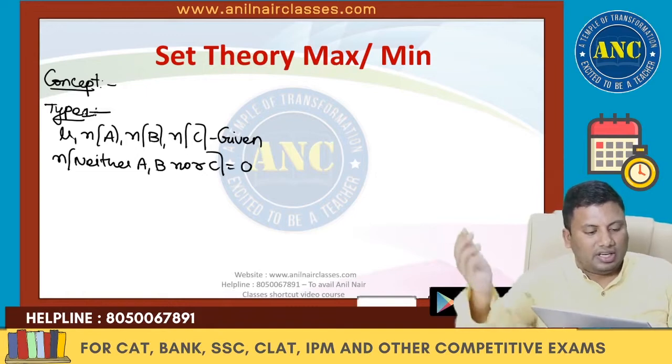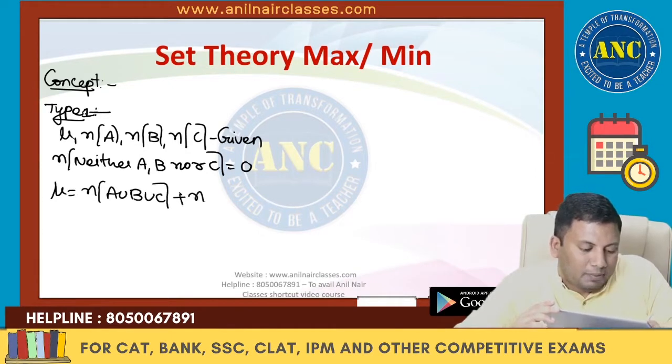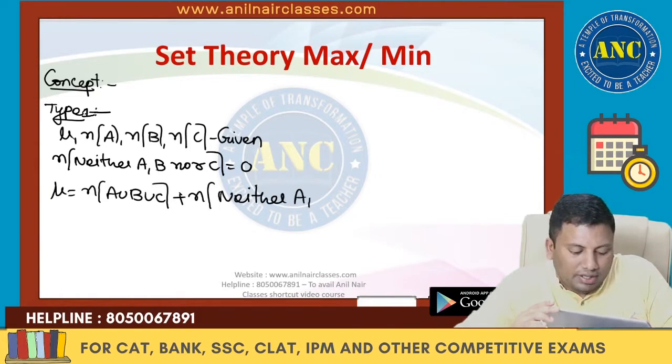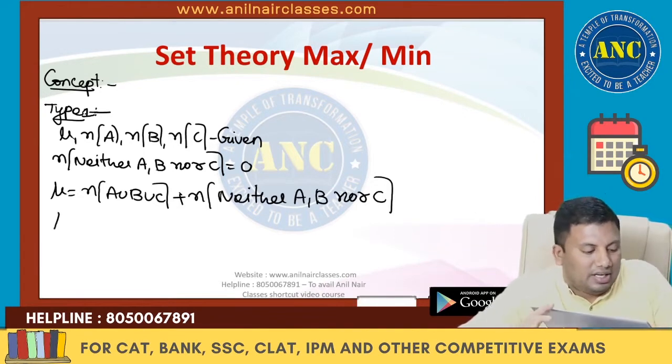So, first see here, sir. Mu is nothing but n of A union B union C plus n of neither A, B nor C. Neither A, B nor C is 0.